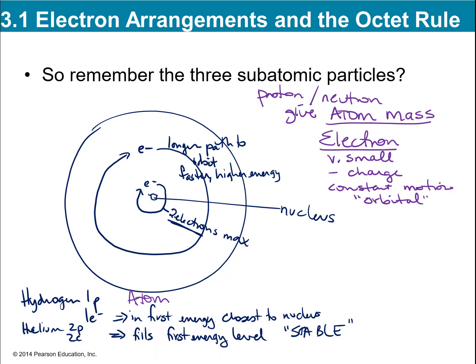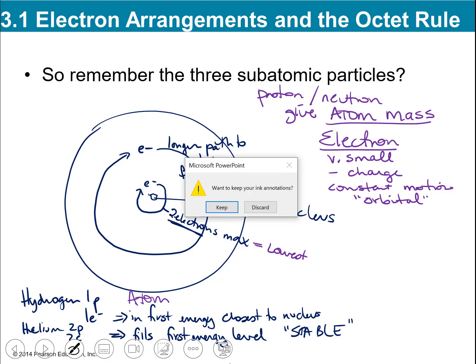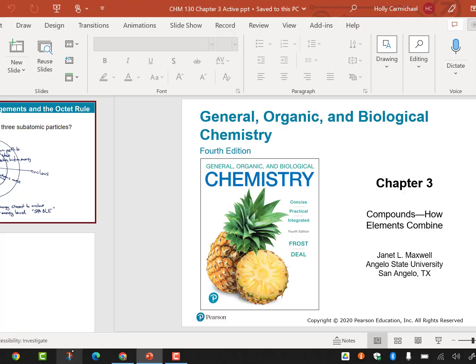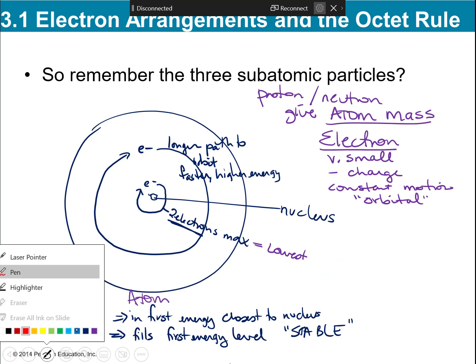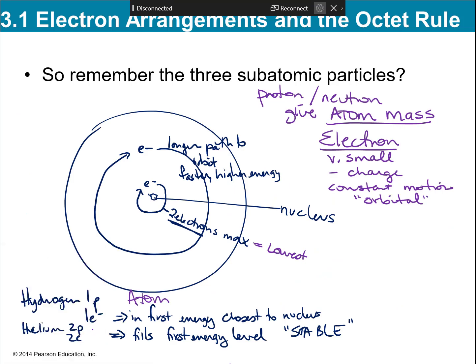Electrons will all exist in these orbitals. And the rule is that no matter how many electrons an atom has, you will always find lower energy levels filled first.